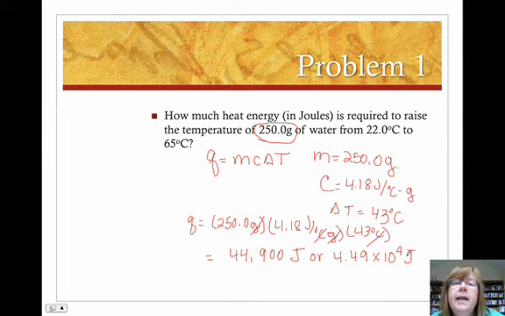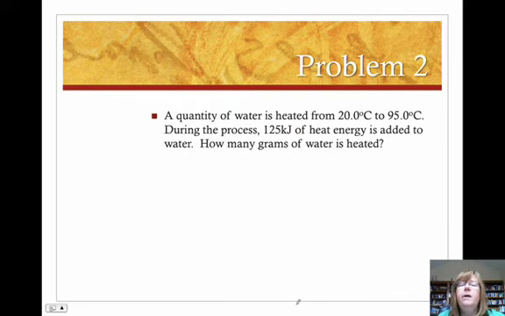So review scientific notation, because sometimes in multiple choice questions they'll put the answer like that. Or we could have reported it in kilojoules. This question required it in joules, but in kilojoules we would have divided our joules by 1,000 and it would have been 44.9 kilojoules.